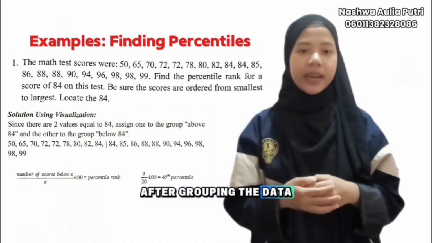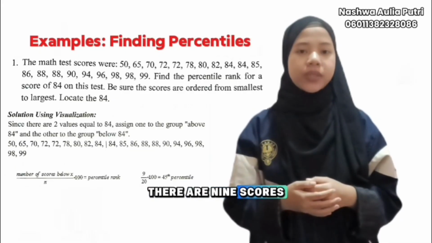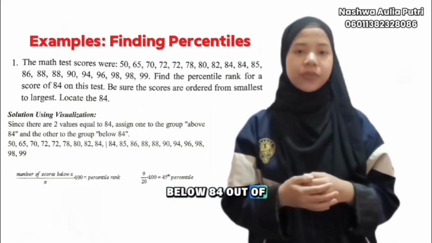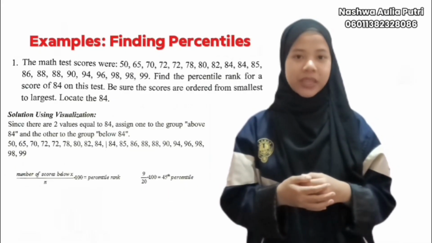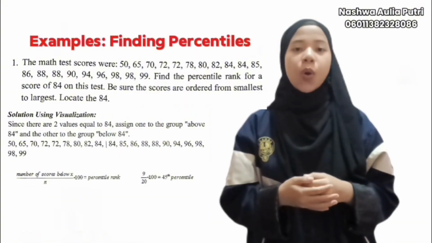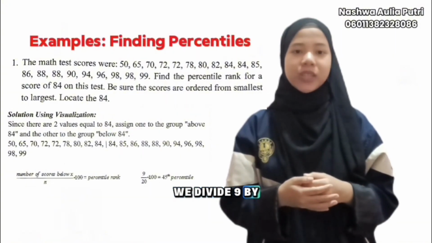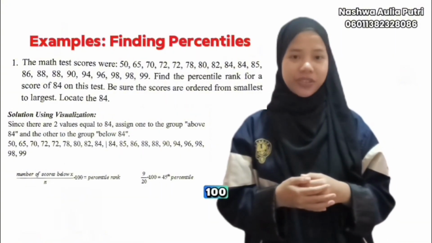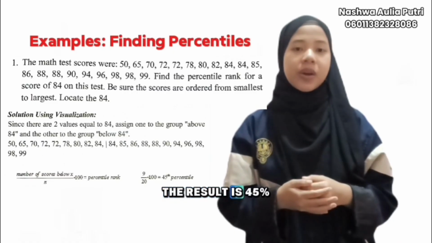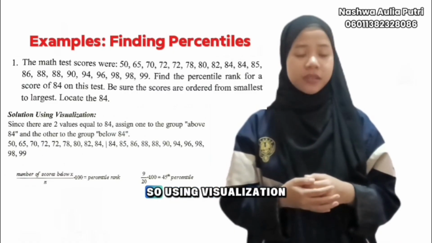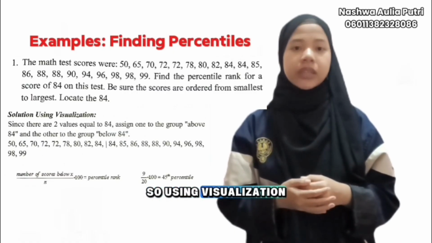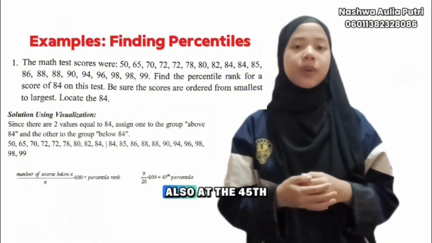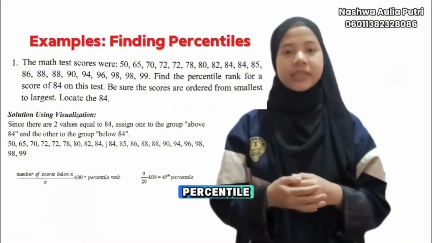After grouping the data, there are 9 scores below 84 out of 20 total scores. To find the percentile rank, we divide 9 by 20 and multiply by 100. The result is 45%. So, using visualization, the score 84 is also at the 45th percentile.